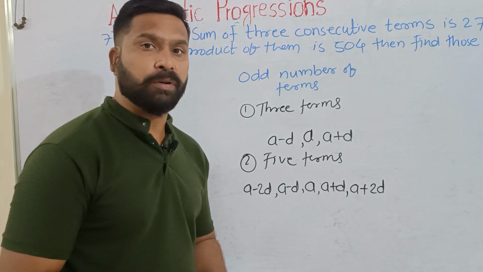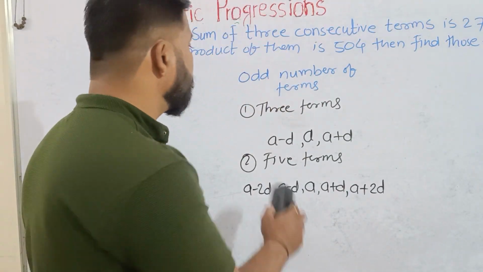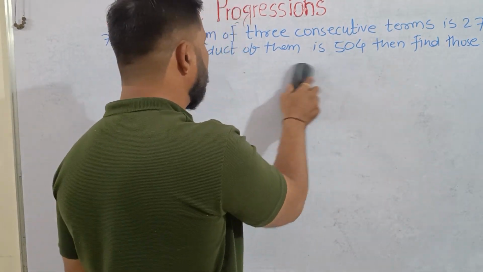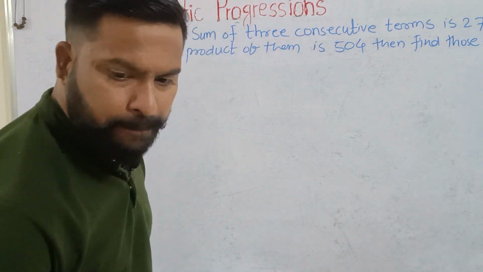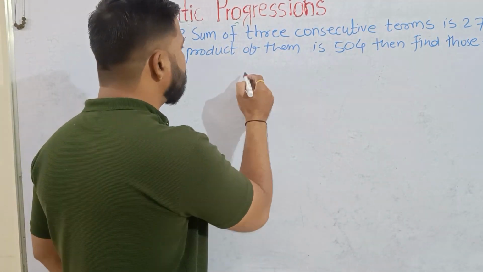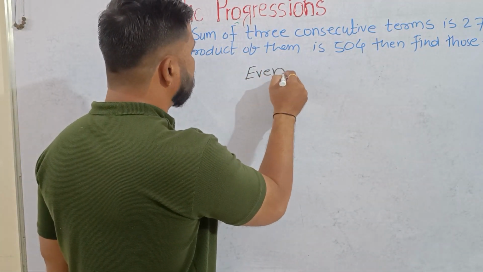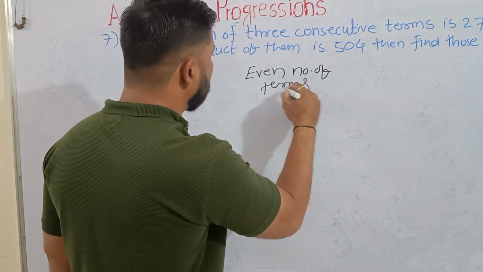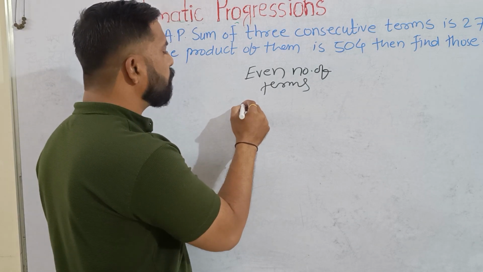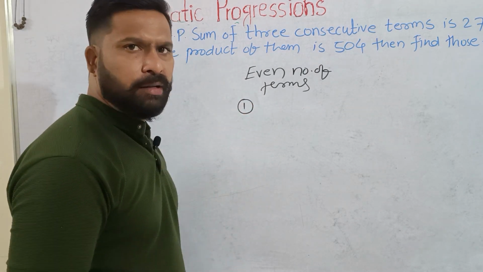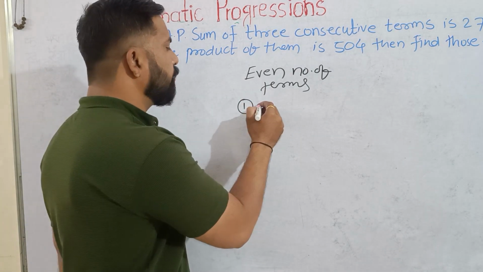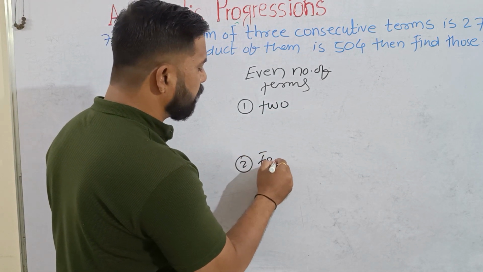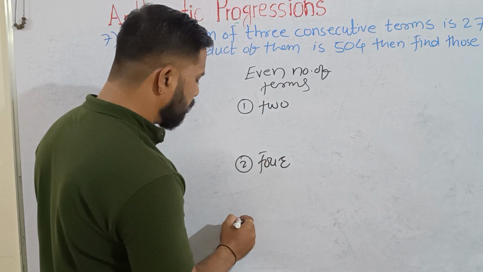Even number of terms. Even number of terms means how many terms can be there? 2 terms can be there, or 4 terms, or 6 terms.